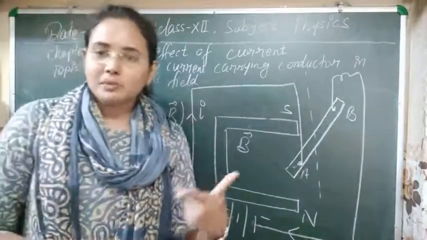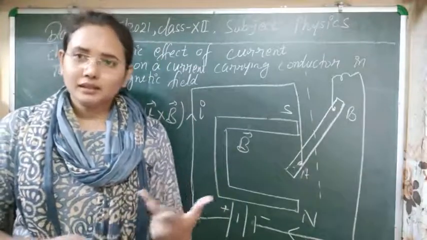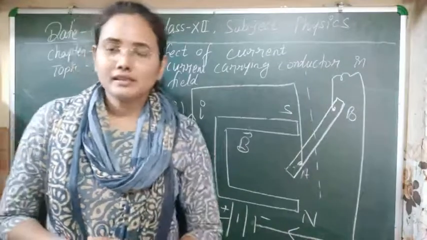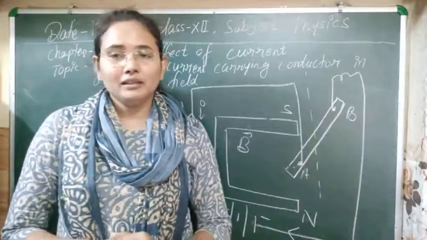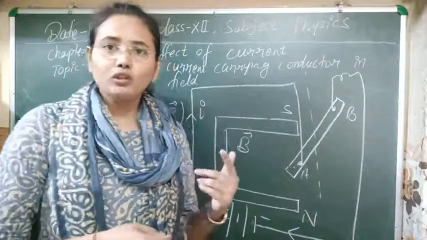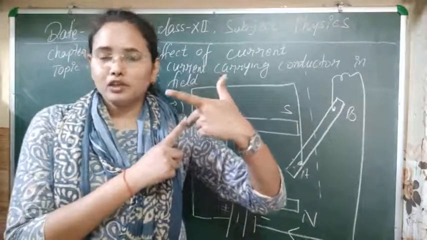Here I am going to talk about a special case. Whenever the movement of the charges is in a direction perpendicular to the magnetic field, it experiences a force that is perpendicular to both vectors, the magnetic field and the velocity vector.